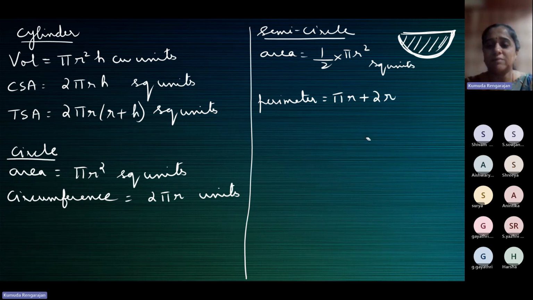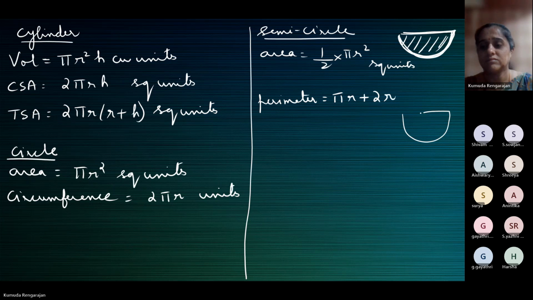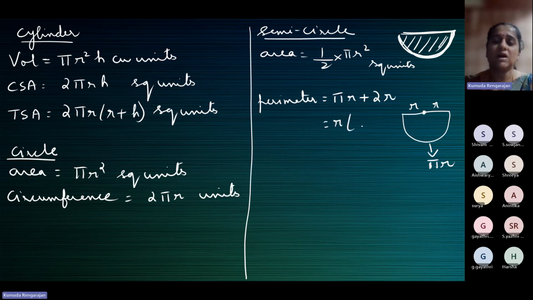So pi r plus 2r. You don't have to do all that, but you can take r common and say pi plus 2 or 2 plus pi units.